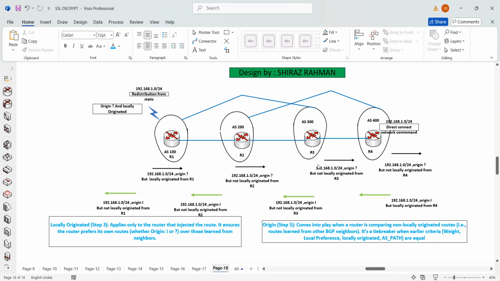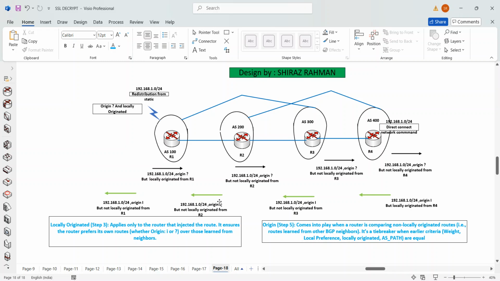For the black arrow, that's the origination of the route. Locally originated from R1? Yes. From R2? No. From R3? No. For the route with origin question mark, that's how it goes. For the route with origin I, locally originated from R4? Yes. Locally originated from R3? No, but the origin is I. Locally originated from R2?